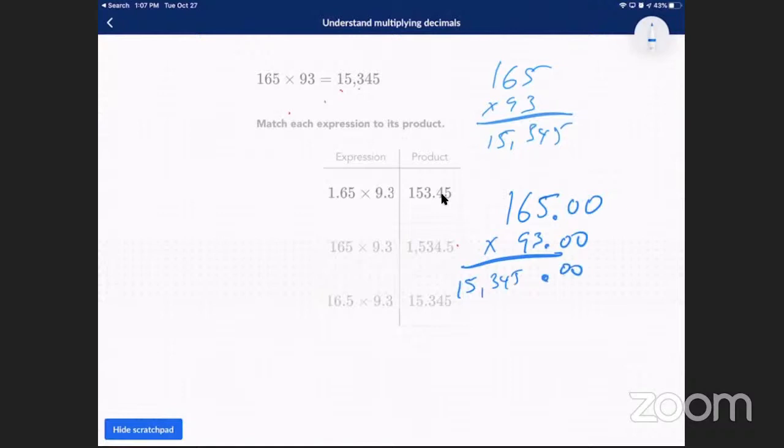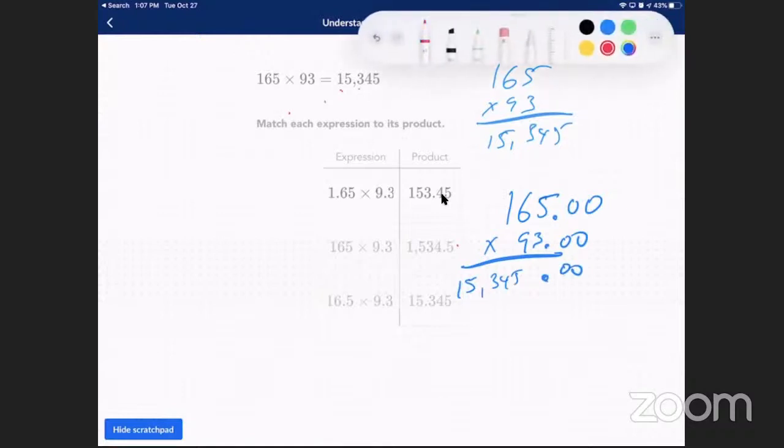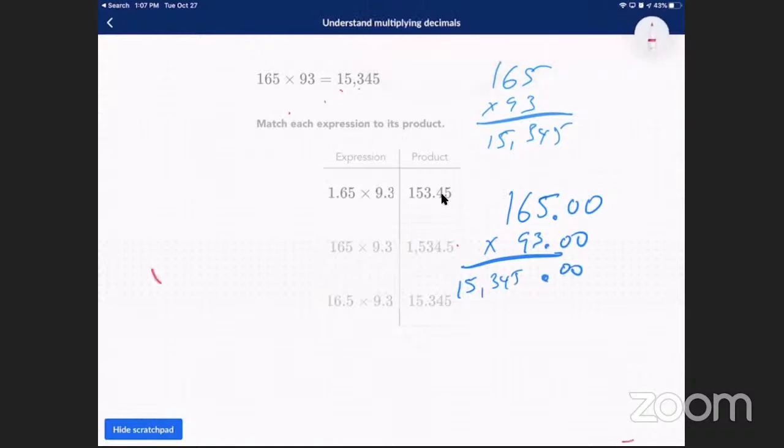Okay, so the next one, if we go ahead and do it, we say 165, we put a point here, and we put a point here, and we put a point here like that. Then we moved it just once to the left.